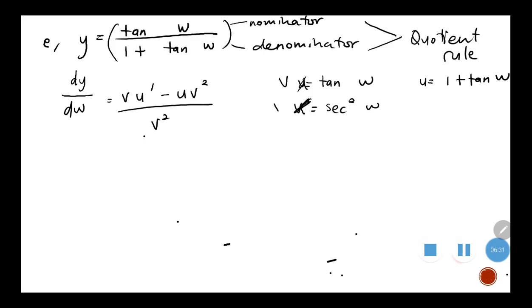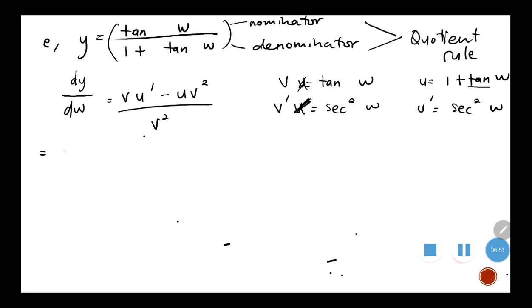This is u and this is u prime. This is v and this is v prime. Okay. So differentiate u, you will get secant square w. Differentiate v, differentiate 1, you will get 0, and differentiate tan w, you will get secant square w. Okay, now slot in the equation here.